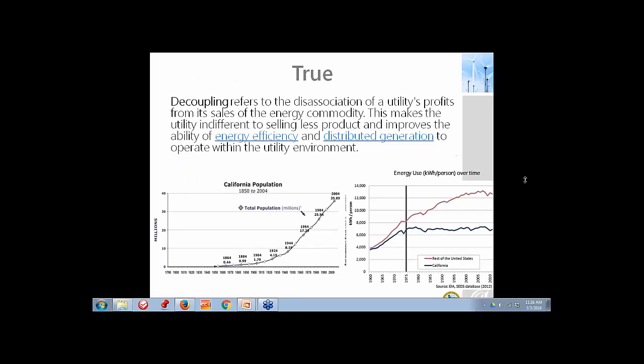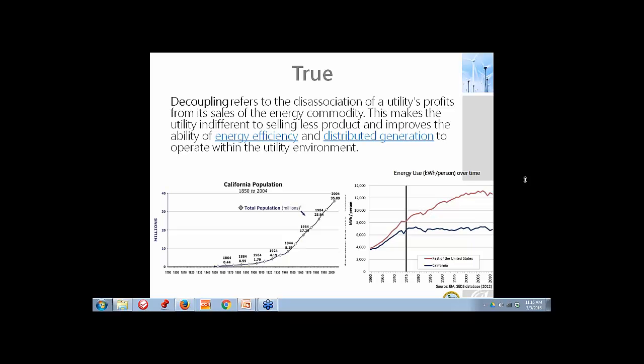So PG&E is what we refer to as a decoupled utility. And what that means is that the utility's profits are not from the sale of energy. So this makes the utility almost indifferent to selling the actual product. Their costs come from maintaining the infrastructure, so all of the transmission lines and power plants, turning on power plants, things like that.